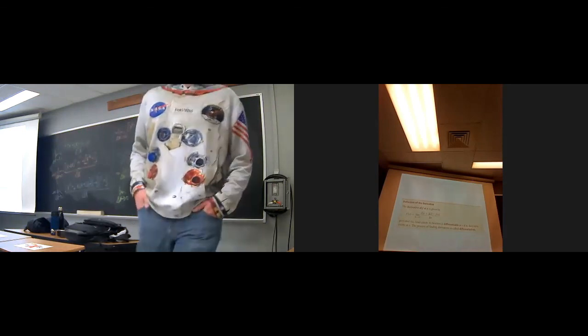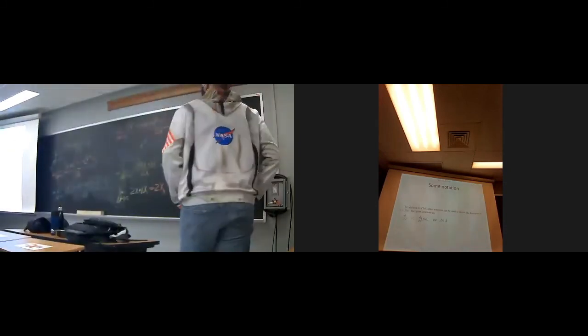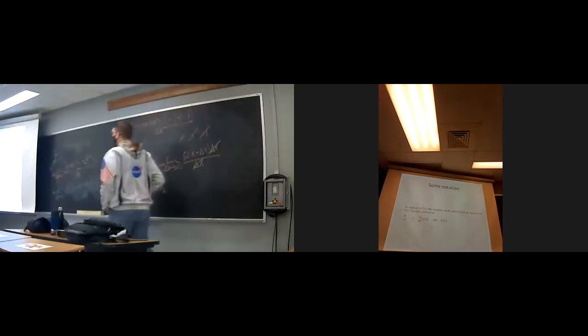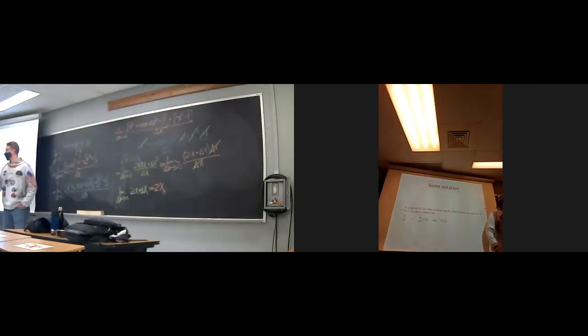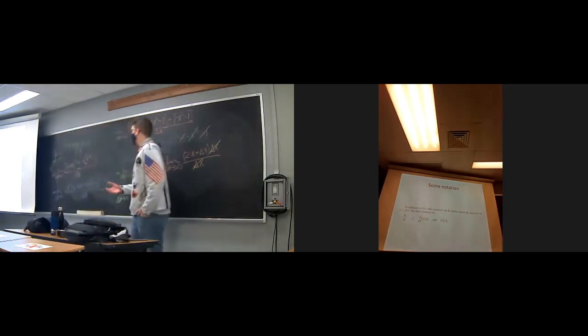All right, I'm going to jump to the next slide. So, some notation, everybody's favorite. Different ways we might write the derivative, or we might represent it. Because, let's be real, it would suck to write this every other line.